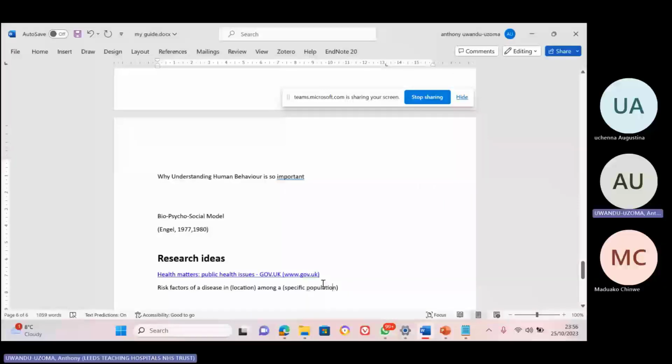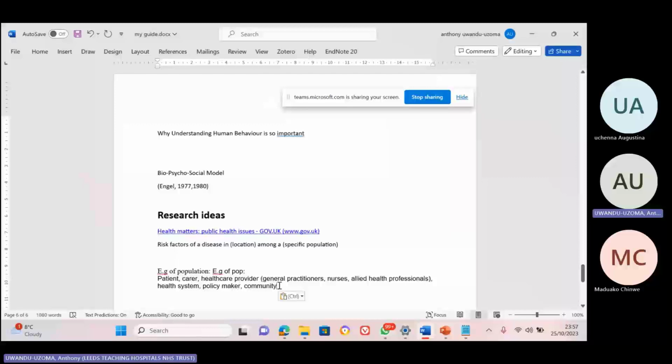We have patients, carers, healthcare providers, policymakers, community. You have refugees, prisoners. You have adults, children, adolescents. All these are populations. So risk factors of a disease of a choice in a location among a specific population.